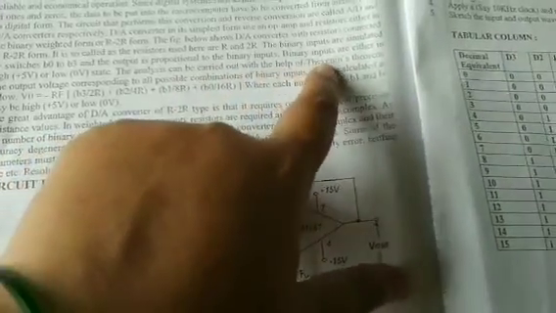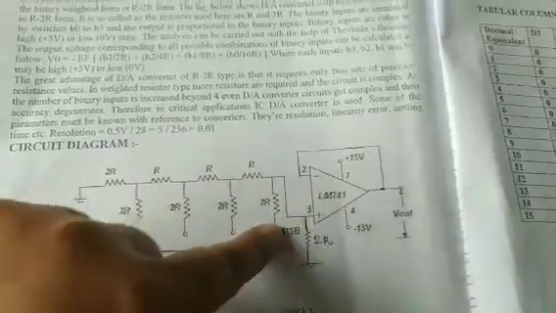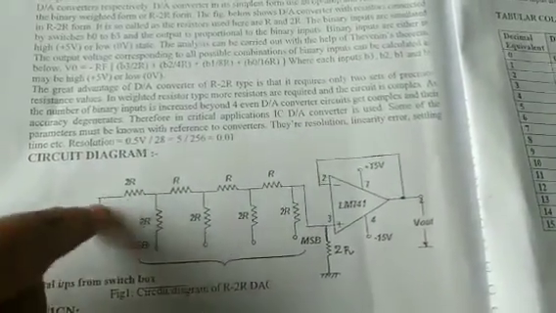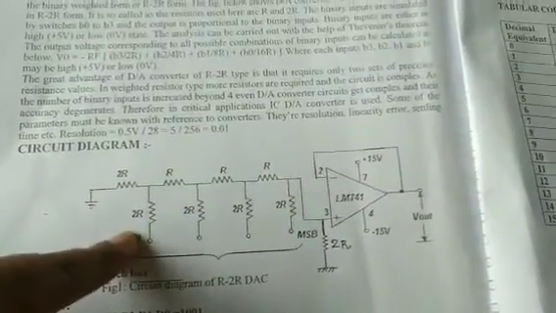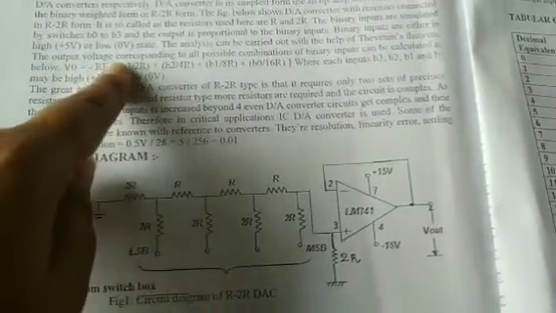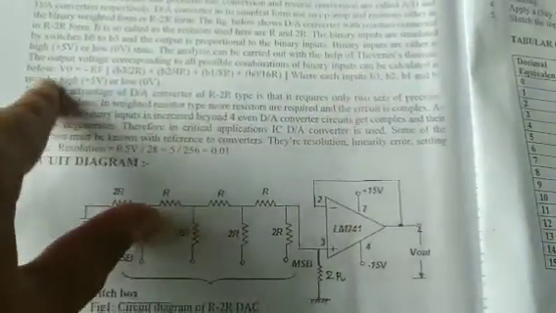The analysis can be carried out with the help of Thevenin's theorem. This network in the circuit diagram is called a ladder network. This R to 2R ladder network can be analyzed with the help of Thevenin's theorem. The output voltage V0 at pin number 6, for all possible combinations of binary inputs, can be calculated.